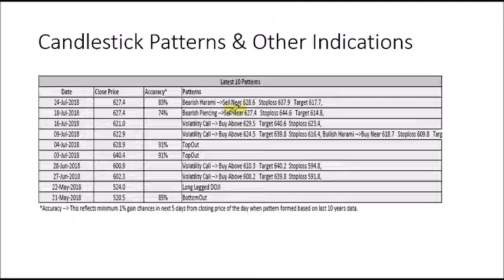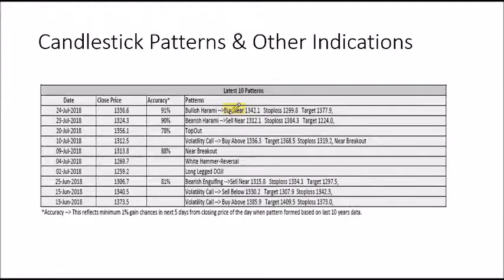So likewise I have randomly picked these snapshots of calls. So there will be bottom out, volatility call, long leg doji, okay, near breakout. So near breakout also is an indicator.